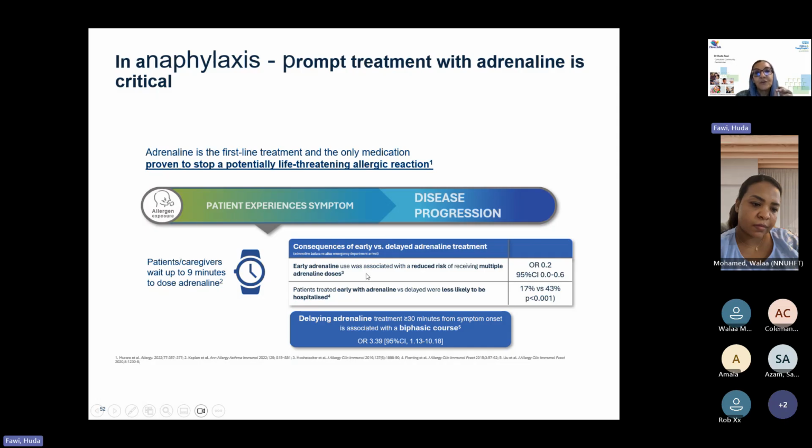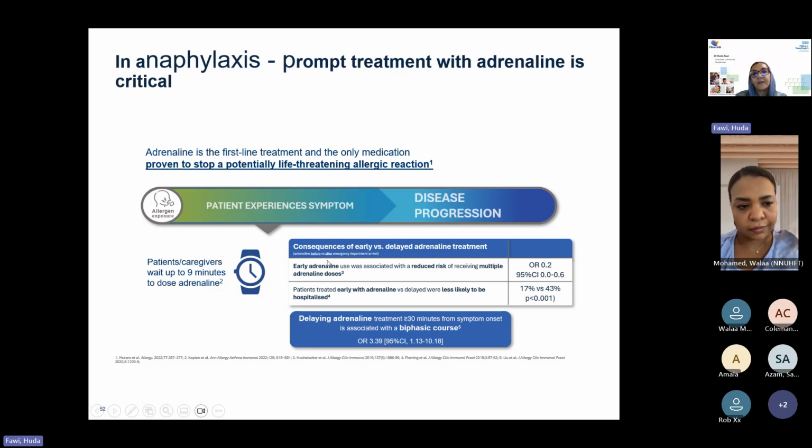Early adrenaline use is associated with reduced risk of receiving multiple adrenaline doses. And I'm quoting this story because I'm a person that deals with allergy day in, day out, and you need to think adrenaline, and if in doubt, use adrenaline.